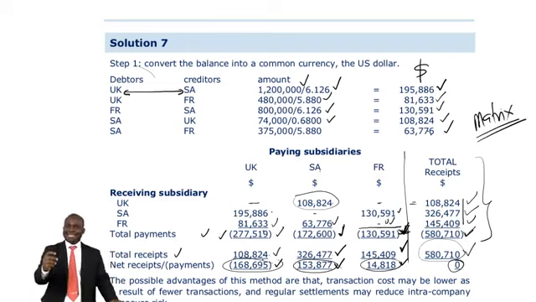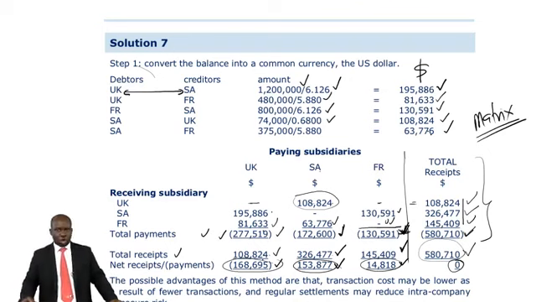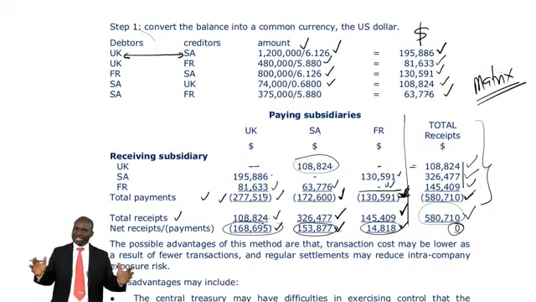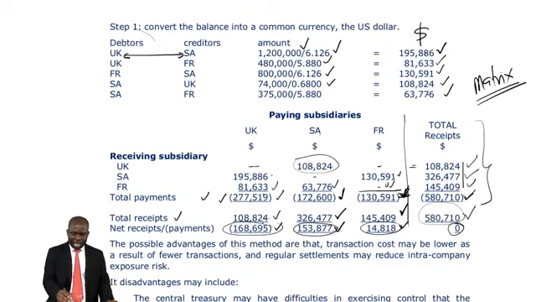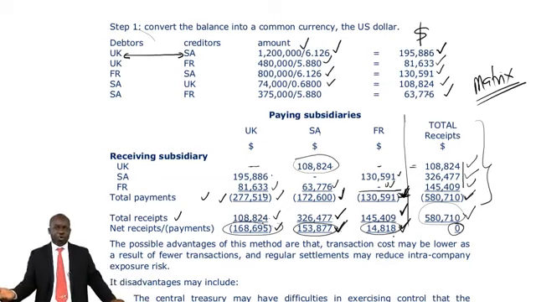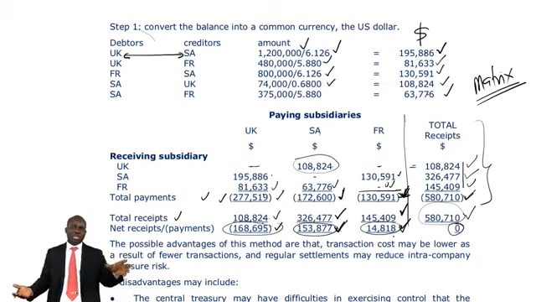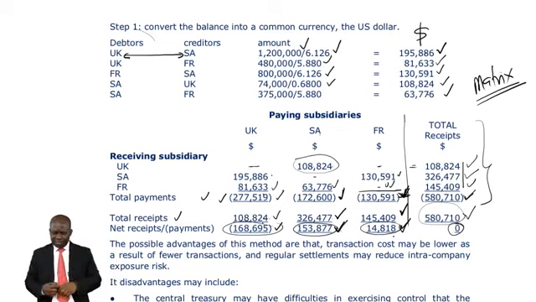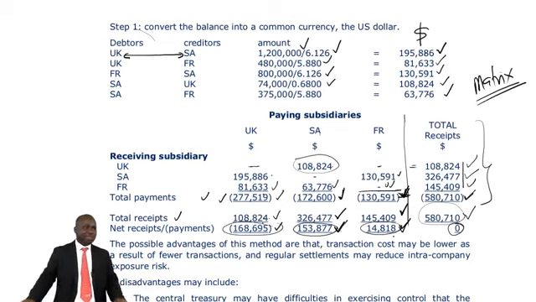Therefore, netting reduces transaction costs. So the only transactions that will happen will be UK paying South Africa and UK paying what? France. It is going to be only 2 transactions instead of what? The 5 transactions. And we're saving transfer costs of what? 3 transactions. And that is basically netting.